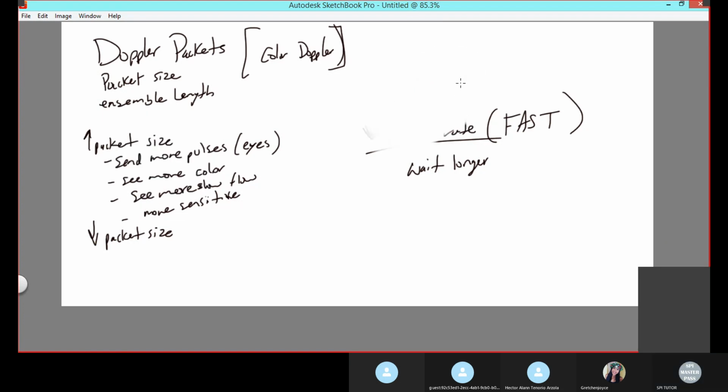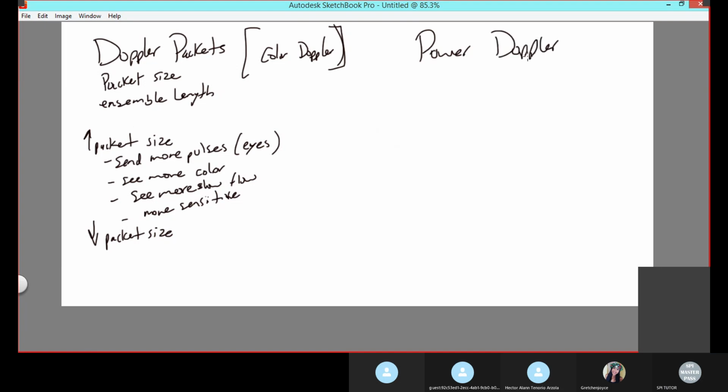Next one is power Doppler. Power Doppler does not measure velocities. It is going to measure amplitude, which is how much blood, let's say, because we use it for blood, how much blood is there.